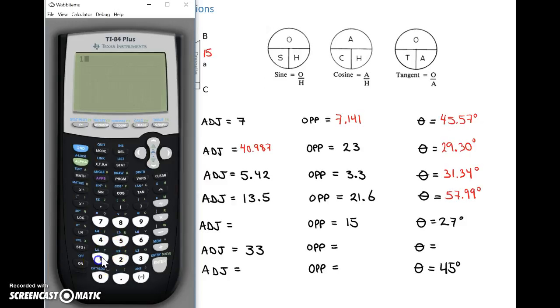The opposite is 15 divided by tan of the angle, 27. Carefully, you're not getting dyslexic and looking at, like me, at the other questions there. And so the adjacent ends up being 29.439. So we'll say 29.44.